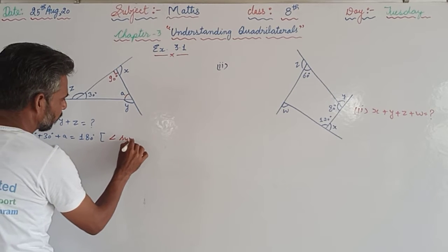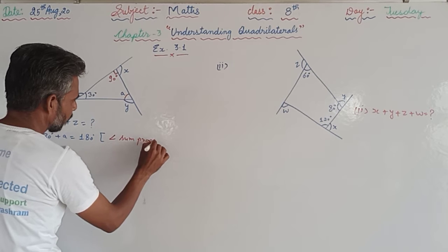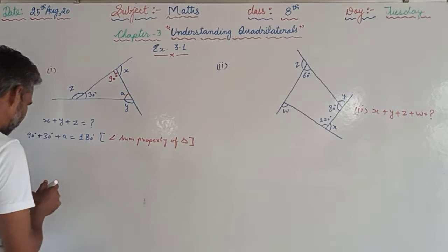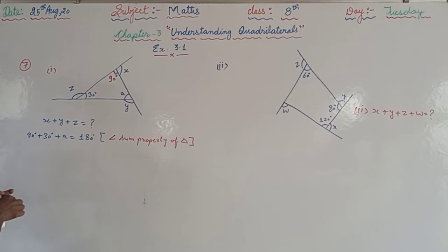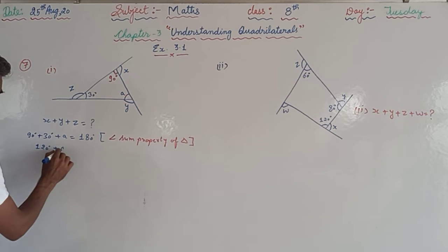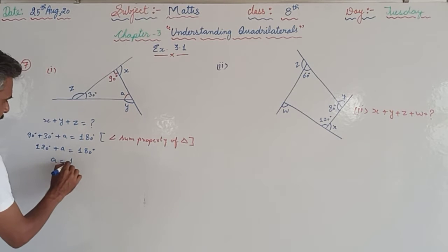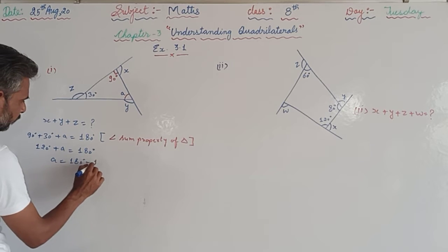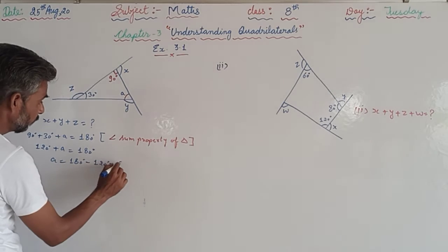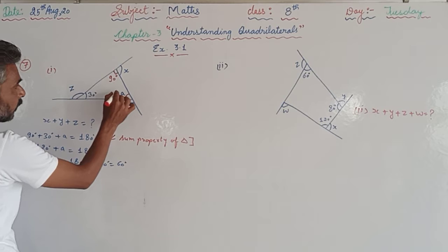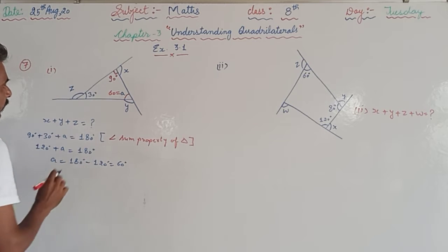Angle sum property of triangle. We are supposed to supply the reason why we are writing this. So 90 plus 30, that is 120 degree, plus A is equals to 180 degree. A will be 180 degree minus 120 degree, that is 60 degree. So the value of A will be 60 degree.